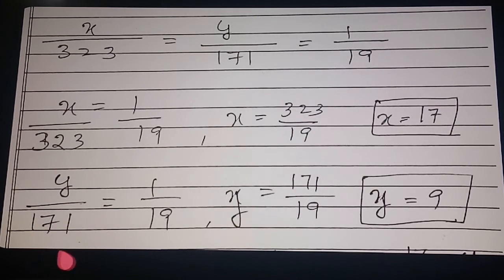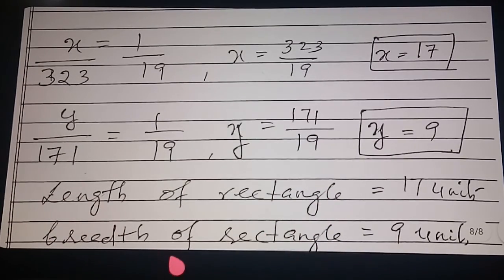And y by 171 is equal to 1 by 19, so this 171 will cross multiply here, so 171 by 19, therefore y is equal to how much will come? 9. So you got the length and breadth, x and y. Therefore, the length of the rectangle is equal to 17 units and the breadth of the rectangle is equal to 9 units.